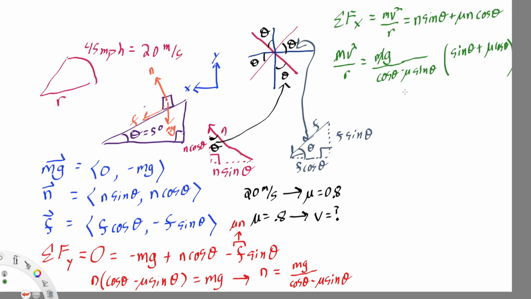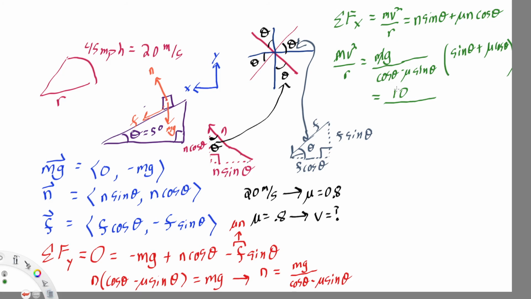All right. So we have G is 10. Cosine of 5 degrees is like really close to 1, right? Because cosine of 0 is 1. So cosine of a small number should be close to 1.